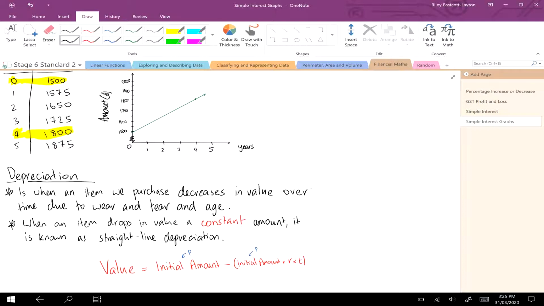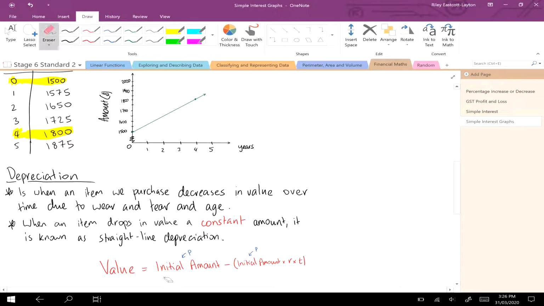So when we're talking about depreciation, the value of whatever it is that's depreciating, so it might be a car, an aeroplane, or a piece of technology like a laptop, is equal to the initial amount, take away the initial amount times the rate times t, which is kind of like our simple interest, where the interest is equal to the principal, plus PRT.